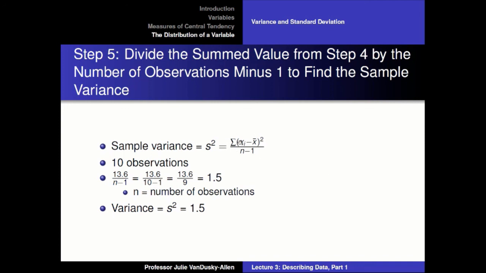Note that this calculation is similar to calculating a mean. You add all the squared deviations together and divide by the total number of observations minus 1. Here we are trying to find the average squared deviation. Note that we subtract 1 in the denominator because we are working with a sample, something that we will discuss later in the course.